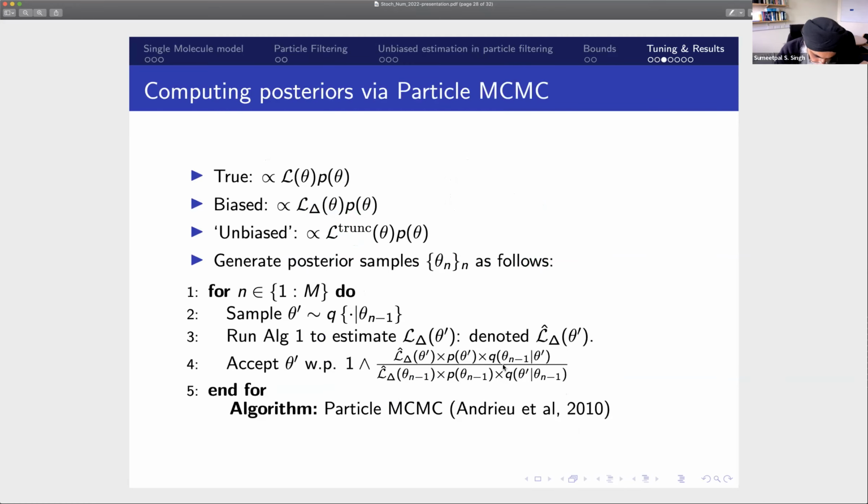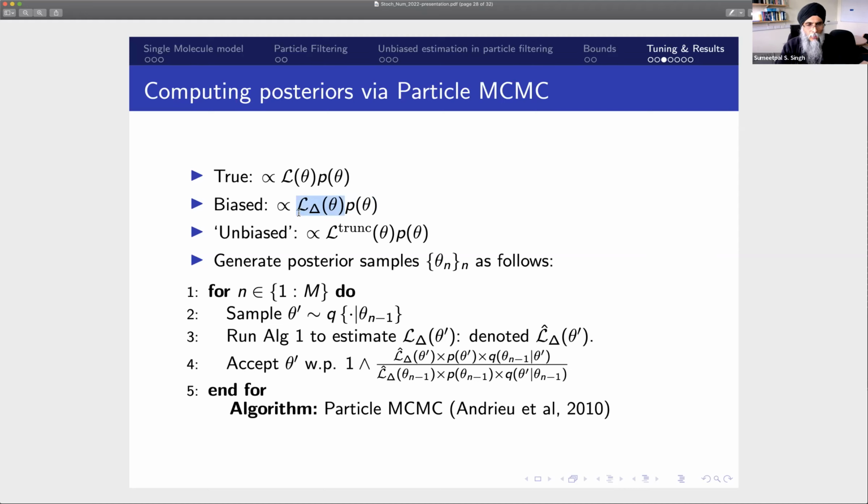Okay, what's important for this kind of data? This is the only thing I want to say, and then I think you can end up with that. Remember, we can define a posterior over theta by combining the likelihood for theta with a prior. This is the true posterior. It's proportional to L(theta) times P(theta). We don't know what it is. The naive method gives us a biased posterior, which is the prior times the biased likelihood.